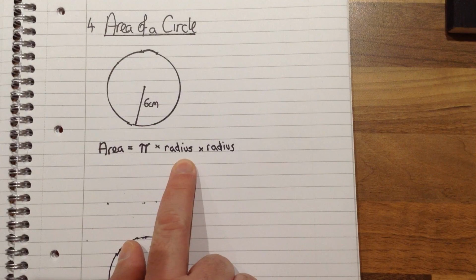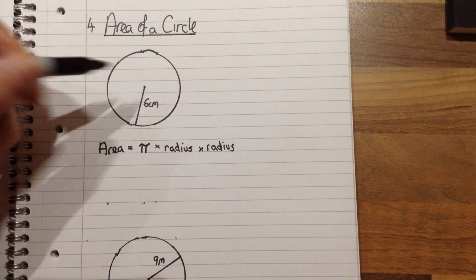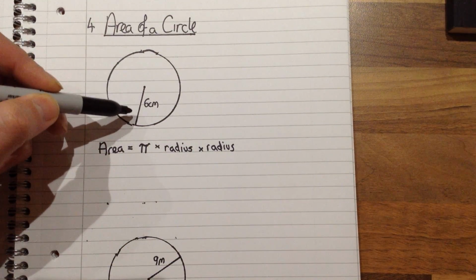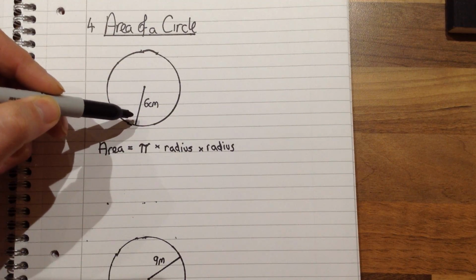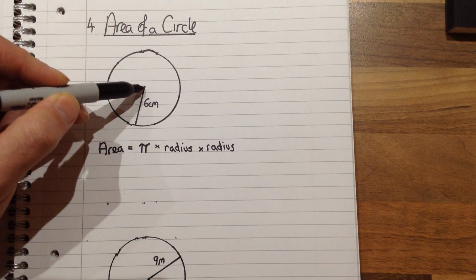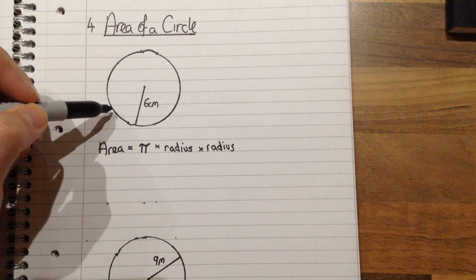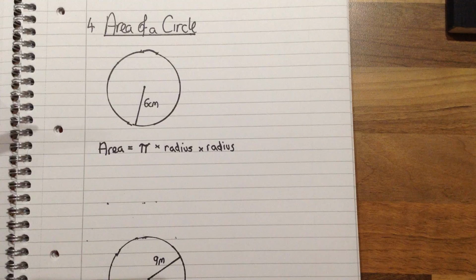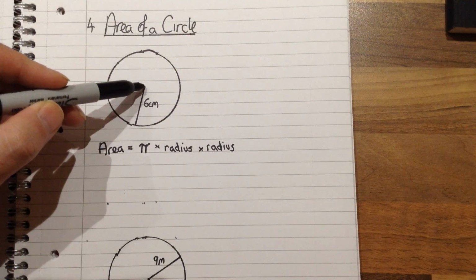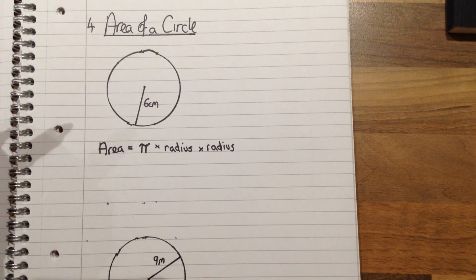The radius of the circle is the distance from the centre of the circle to the edge. Now this could go in any direction, so it could be from the centre going down like this, it could go in any direction. It will always be the same length as long as it's in the centre going out to the edge.